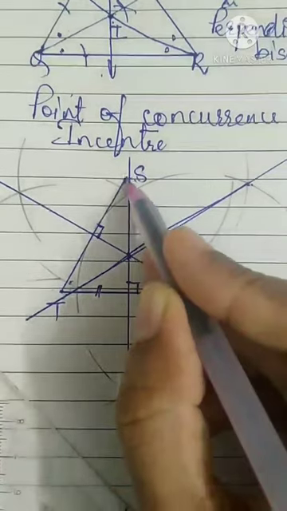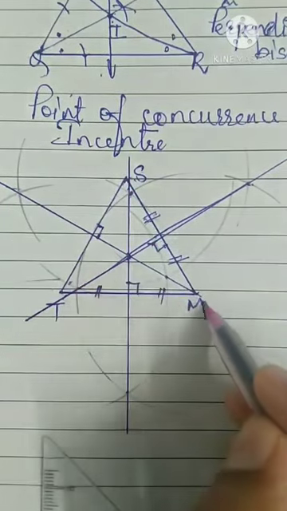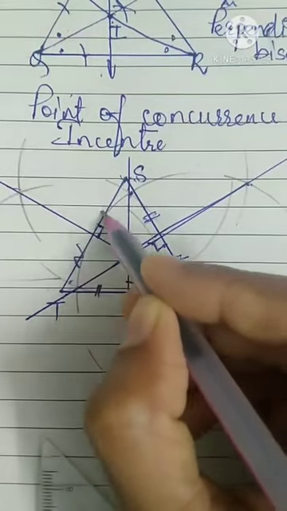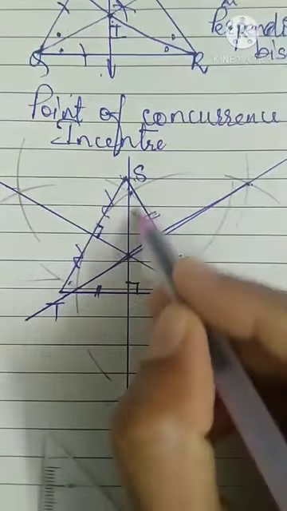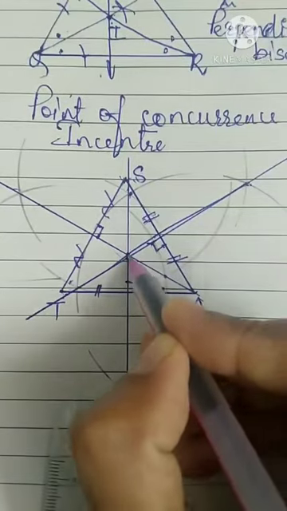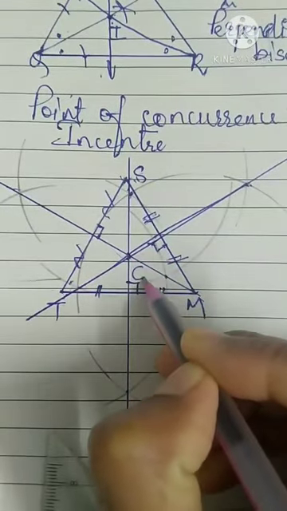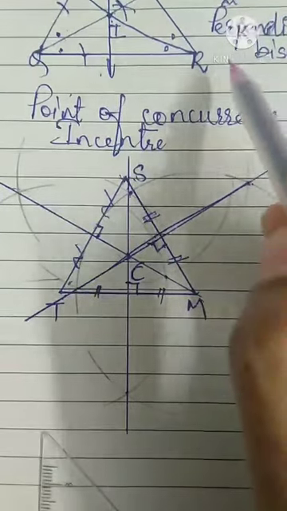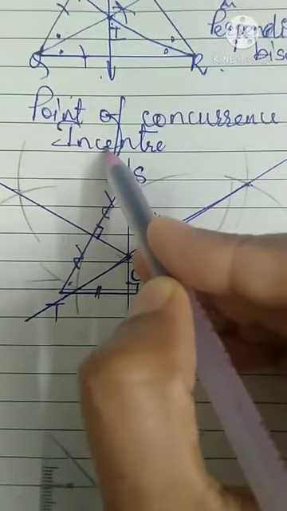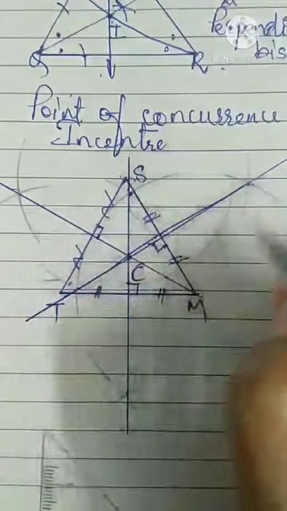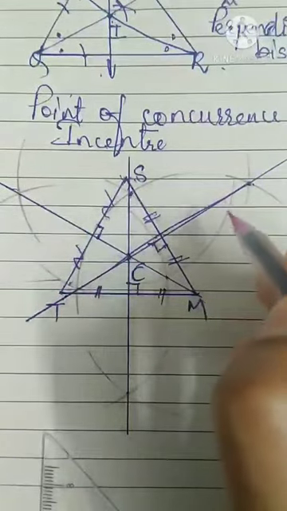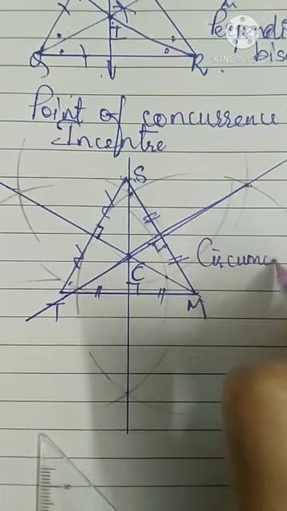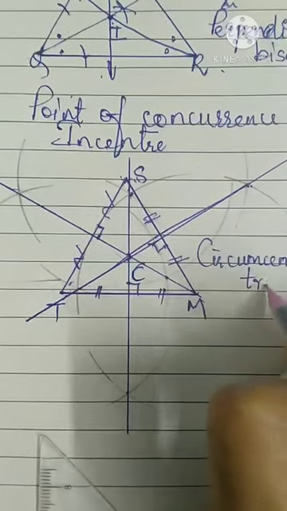Same way, this one is perpendicular and it is dividing side ST into two equal parts. So the point of concurrence of perpendicular bisectors is called the circumcenter. Point of concurrence of angle bisectors is called the incenter. Point of concurrence of perpendicular bisectors is called the circumcenter. This you have done in your 7th standard.